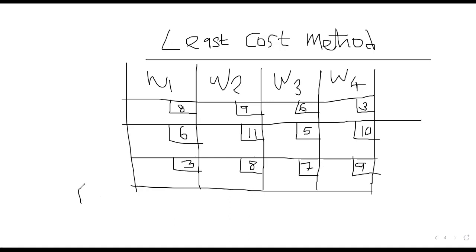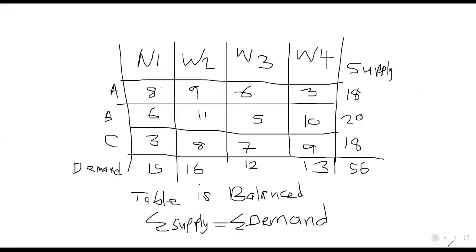So this is our demand, and here we should have our supply: 18, 20, and 18.